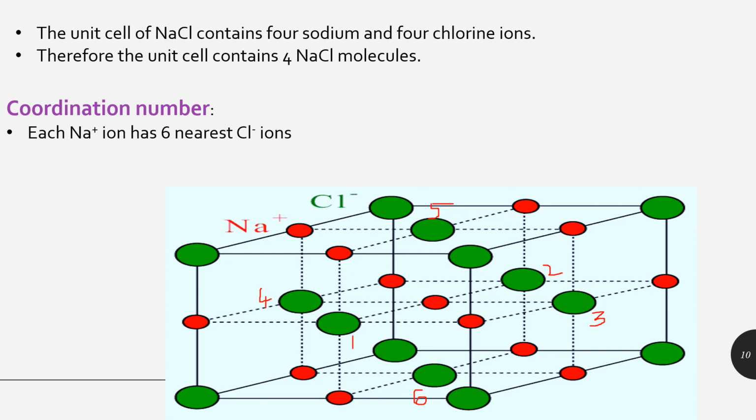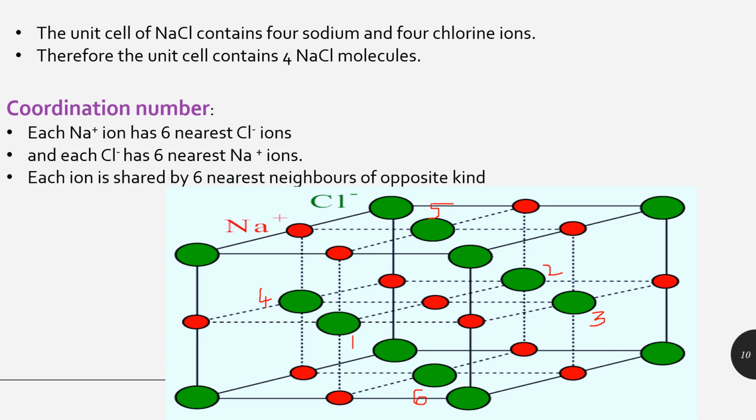So that way there are 6 neighbors for one atom. So each atom has 6 nearest neighbors of the opposite kind. So the coordination number N is equal to 6.